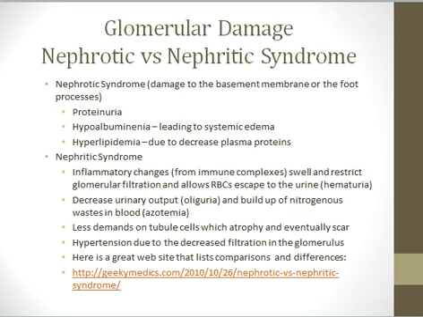So that damage to that basement membrane or those foot processes, they're not able to keep the proteins in the bloodstream anymore. They sneak out between those damaged areas, and we get a dumping of protein into the urine. That loss of protein will cause a systemic hypoalbuminemia, leading to systemic edema.